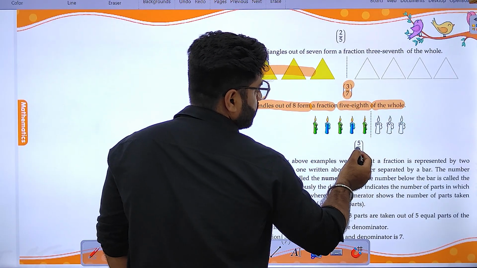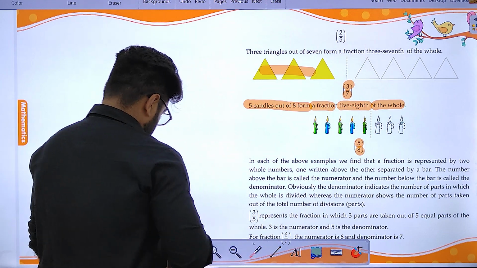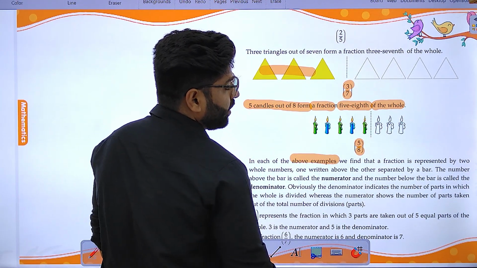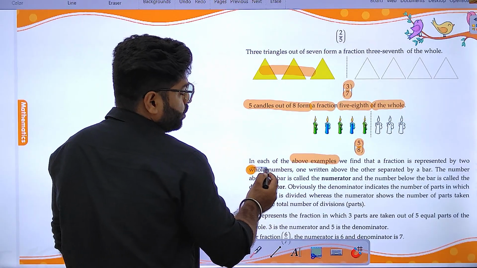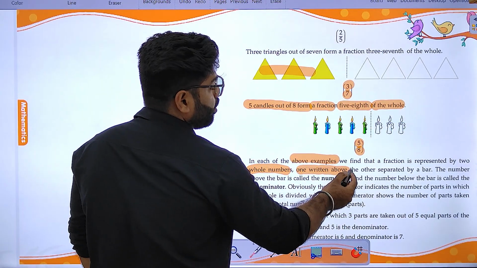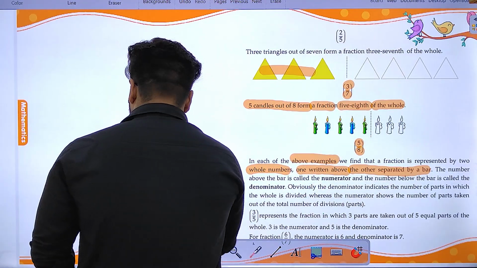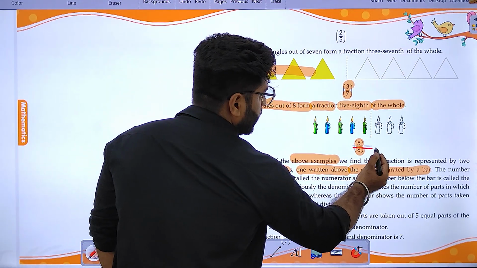So this is 5/8. Okay, next, in each of the 4 above examples, we find that a fraction is represented by 2 whole numbers, one written above and the other below, separated by a bar. So you are having a bar here, just like this.